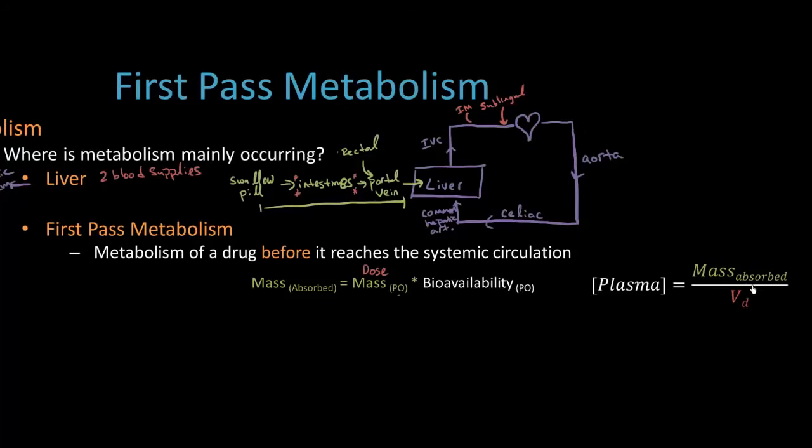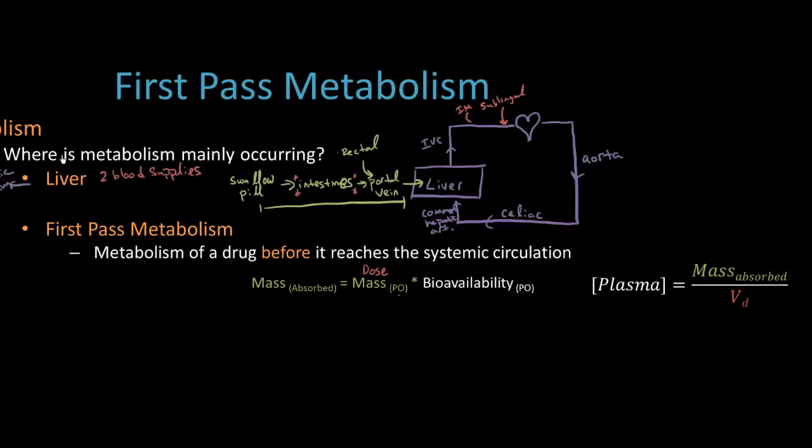So if you have first pass metabolism, drugs will go through the liver, they will get metabolized before they get to the systemic circulation. That would mean a decreased plasma concentration. Two methods of that occurring is taking a pill by mouth or rectal administration. Hope that makes sense, and this kind of ties it to some of our older concepts. This term down here was volume of distribution, and we covered it in a previous video.